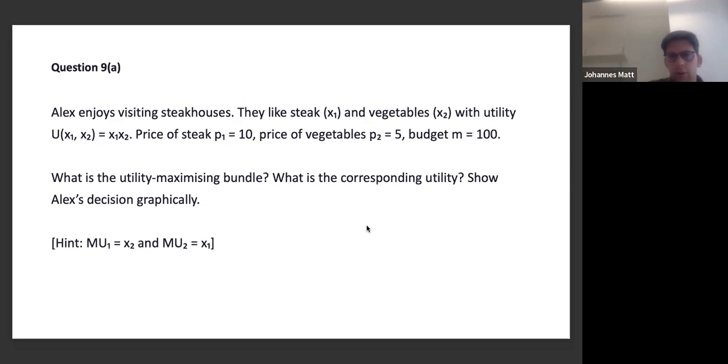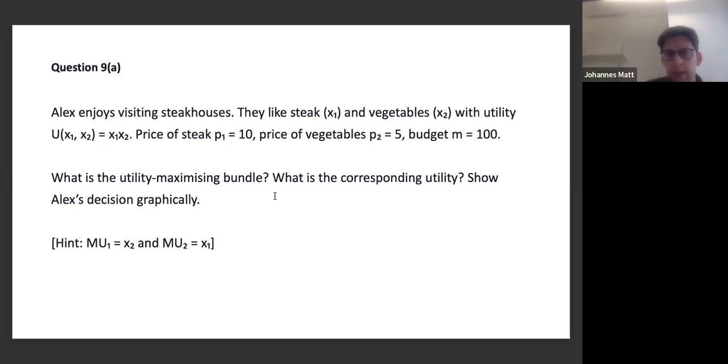Very good. So I hope this setup is clear to everyone. And if that is the case, let's start by characterizing the utility maximizing bundle that Alex is choosing.